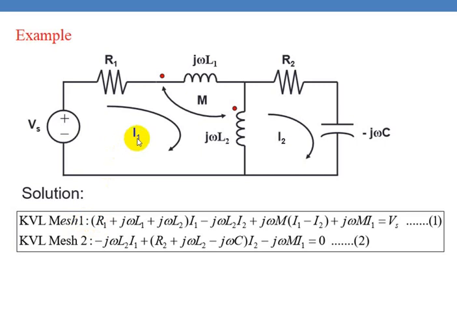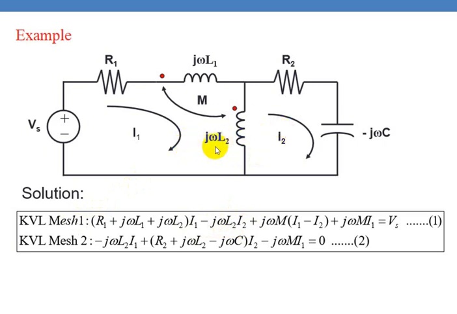So for I1, the coefficient will be the sum of all the resistance and reactance in this mesh: R1 plus j omega L1 plus j omega L2, multiplied by I1. This is the I1 component, plus an I2 component. While writing the equation for mesh 1, you have to find which component is common between the first mesh and the second mesh.